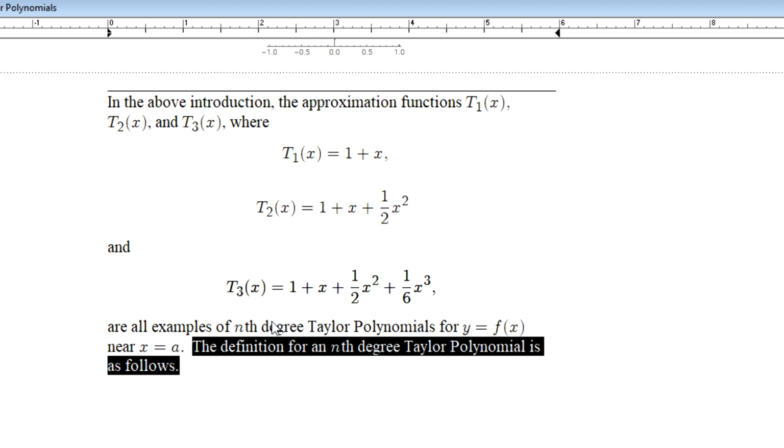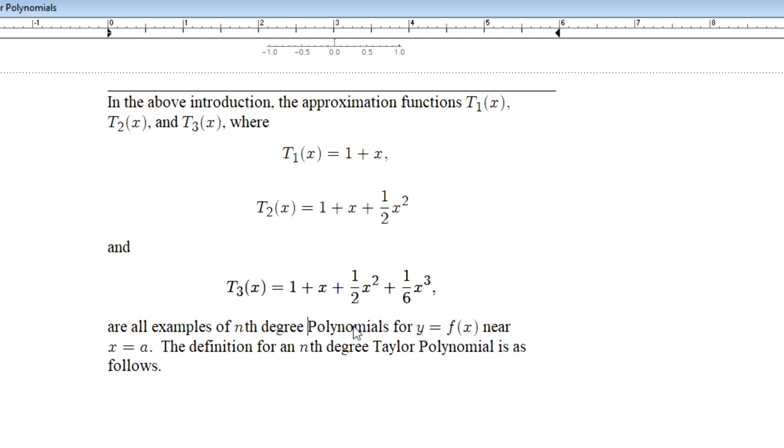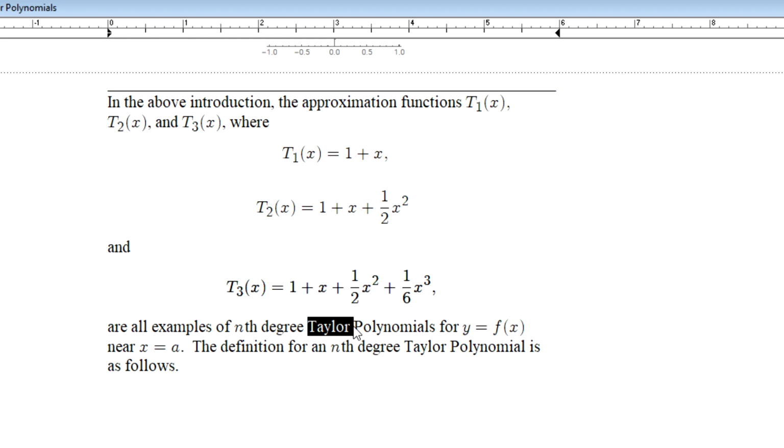This being what we call a first degree, this being a second degree, this being a third degree Taylor polynomial. The degree of the Taylor polynomial matches the degree of the polynomial function. We are really just looking at a polynomial here as an approximation, but it's more specifically known as a Taylor polynomial due to its construction.